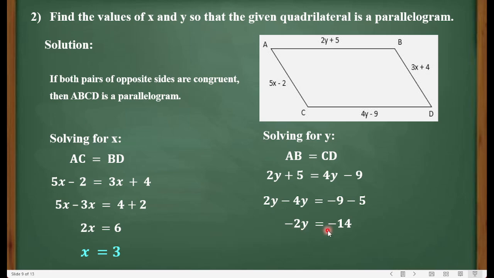And we divide both sides by negative 2 to eliminate negative 2 on the left side. Therefore, the equation becomes what? Y equals 7. Okay? So, here we have y. We have already solved for y, and that is equal to 7. And for x, it's equal to 3. So, these are the answers.